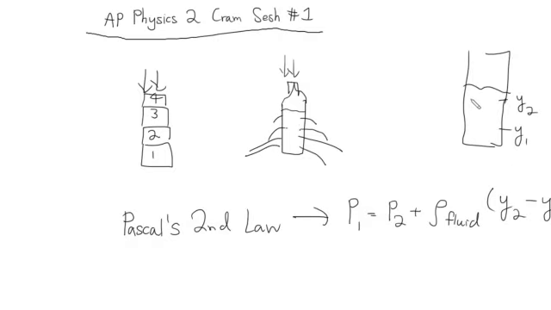Now let's say that the pressure here is only P sub 2, and we want to see what the pressure here is going to turn out to be. And we know what the density of the fluid is. Then all we have to do is subtract these to find the change in depth, multiply it by the density of the fluid, and then by the gravitational constant, and then add that to the original pressure. We can use this formula to derive a formula on how pressure changes with depth, if we start from the top, obviously.